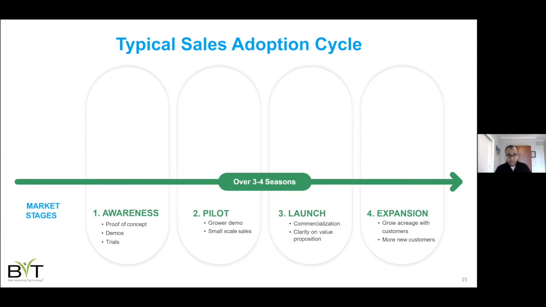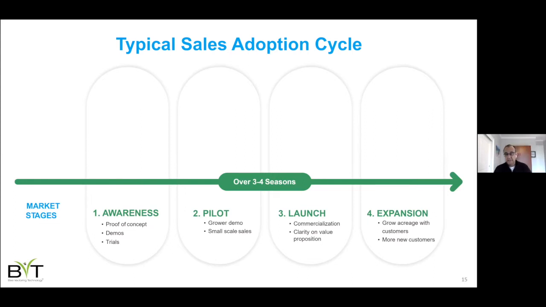And then you move to a launch stage where you're really in commercialization. You get real clarity on the value proposition, such as the example I gave from Win Morgan, whose testimonials on a website where he said 25% yield increase and 22 times return on investment. You kind of hone in on that value proposition in that third stage.